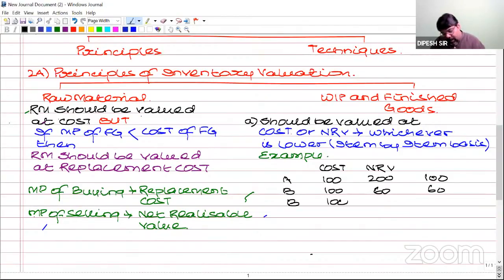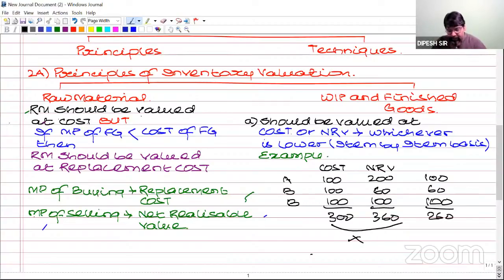C: 100, 100. So you'll take 100. Correct? Total cost is how much? 300. Total NRV is how much? 360. But the total of the lower values is coming to 260. We will not compare these two totals. We will not say cost is 300, NRV 360, so we will take 300 or 360, whichever is lower. Item by item. A: 100, 120, 100. B: 100, 60, 60. C: 100, 100, 100. Am I clear? Yes, sir.